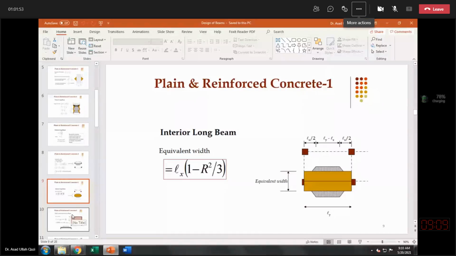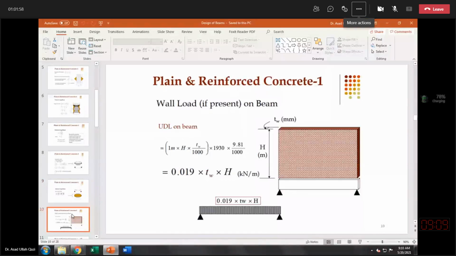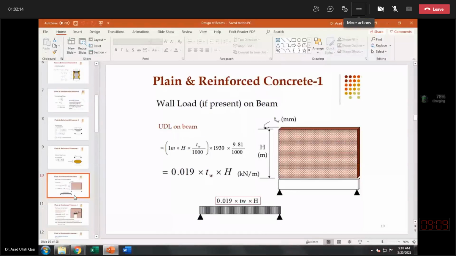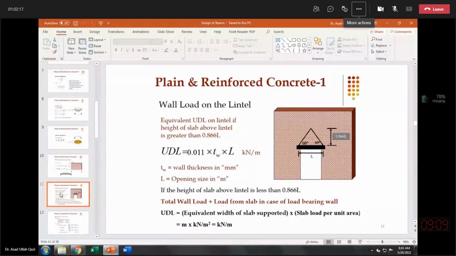In the next slides, I discussed in that online recorded lecture what if a wall is directly resting on the beam, and then on slide number 11, I discussed how to estimate the load uniformly distributed on a short beam, which is the beam placed over openings, named a lintel.